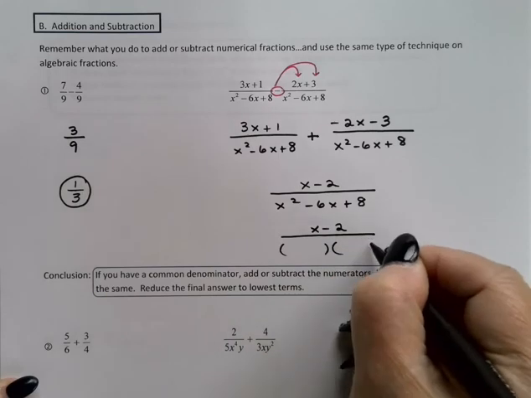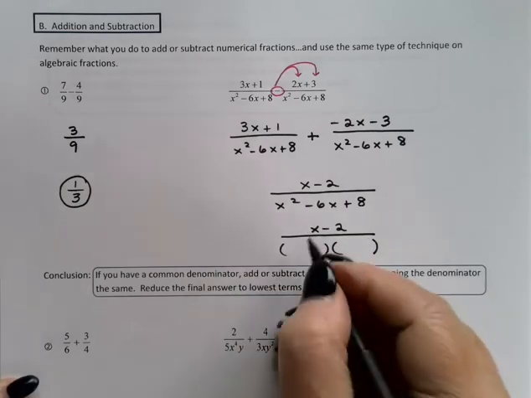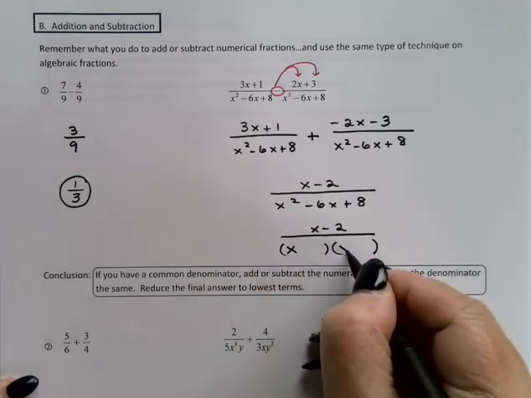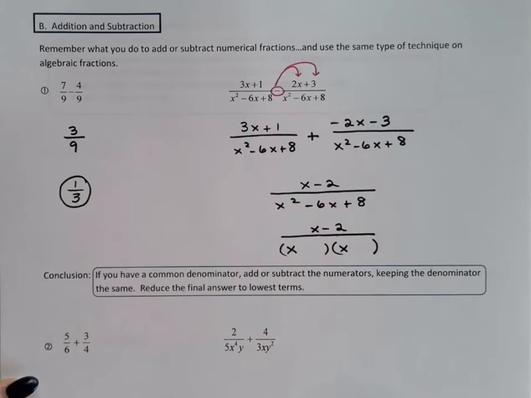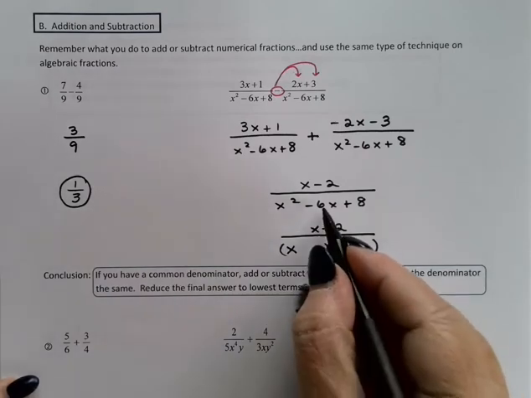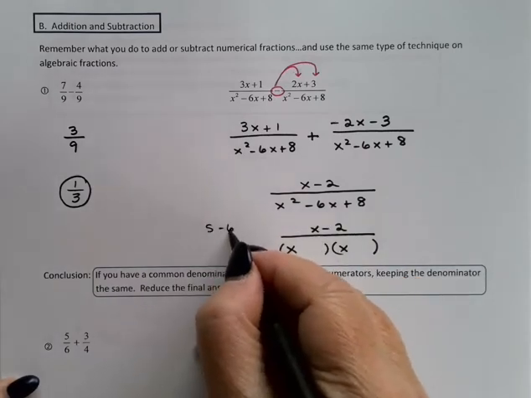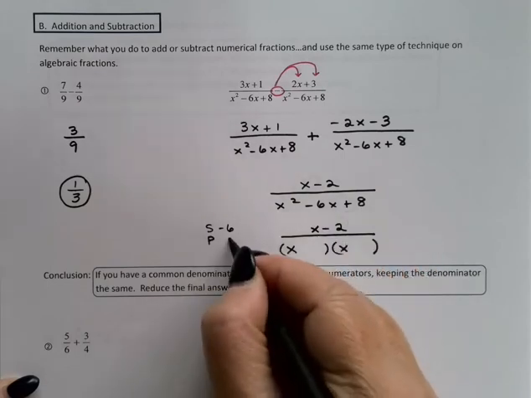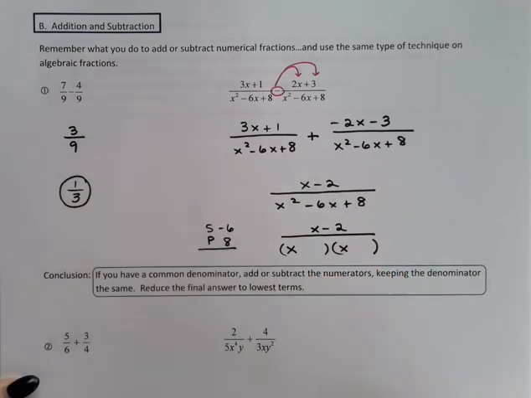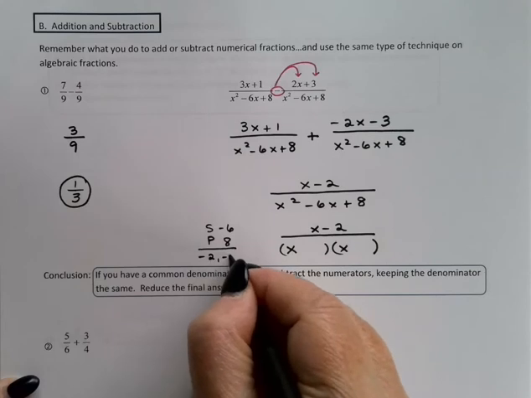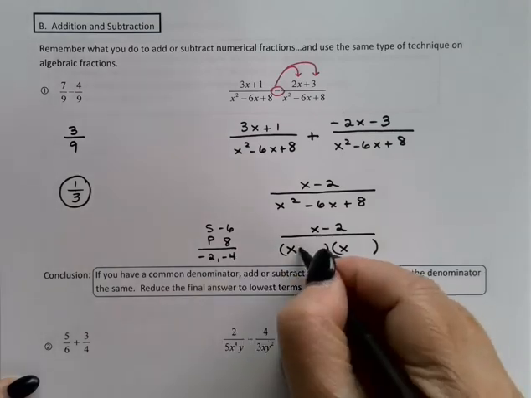I can see that's a trinomial with a leading coefficient of 1. So I'll just start out with x times x. And then looking for a sum of -6 and a product of 8. I think a -2 and -4 are going to do that.